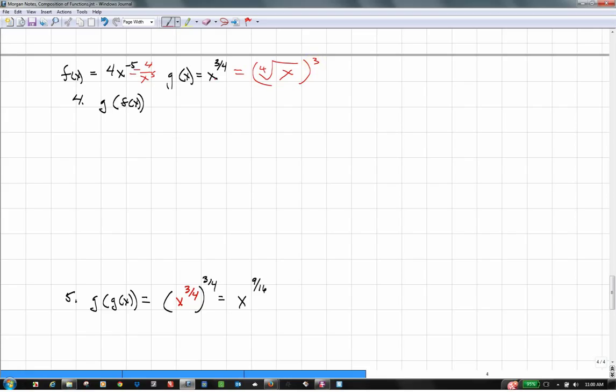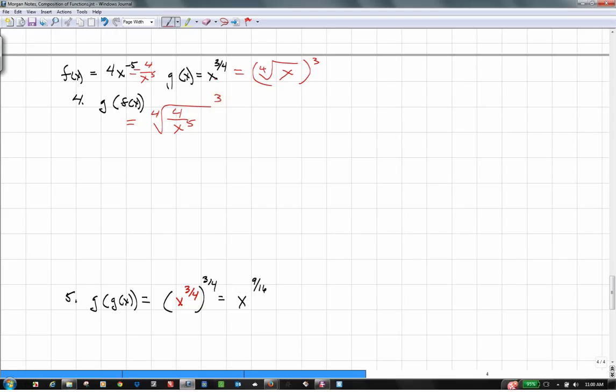What it says is for all the x's in g, I'm going to put the value of f of x in there. And f of x is 4 over x to the 5th. So what that would look like if I substituted that in is, g is x to the 3/4, so into that x I would put 4 over x to the 5th, take the 4th root of that, then cube it.